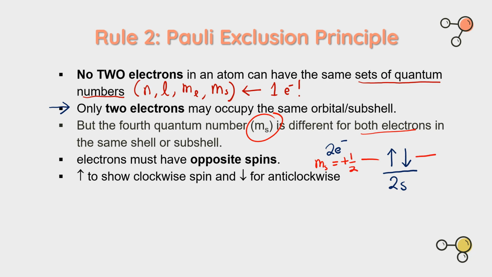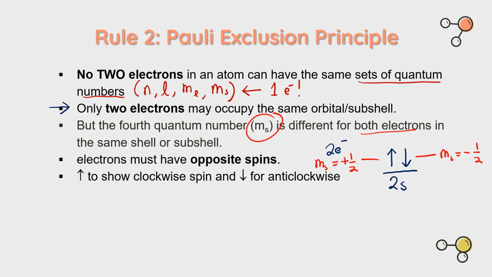And for the anti-clockwise, the value of ms will be negative half. So that is the meaning of the different value of ms in this orbital. According to these two values, we can see that in one orbital, we can fill a maximum of two electrons.